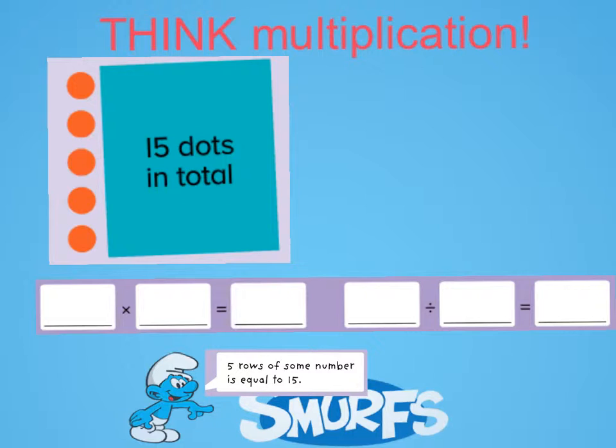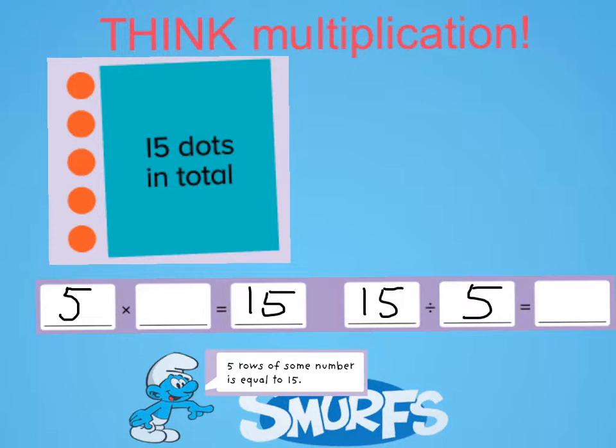So the 2 numbers we know are the number 5 and the number 15. So let's go and write those in. I know that 5 multiplied by something equals 15. And I also know that 15 divided by 5 equals something. So now I need to find out the missing number.